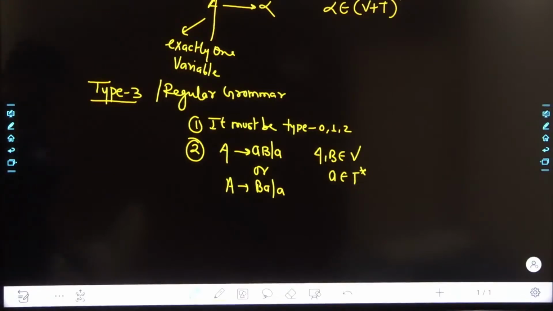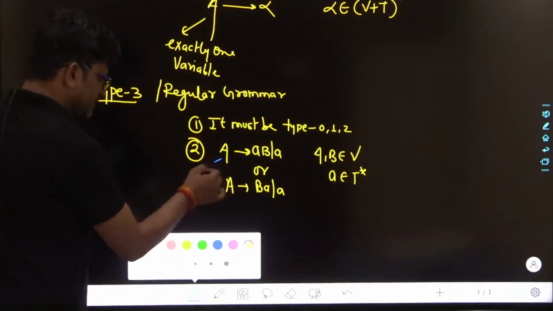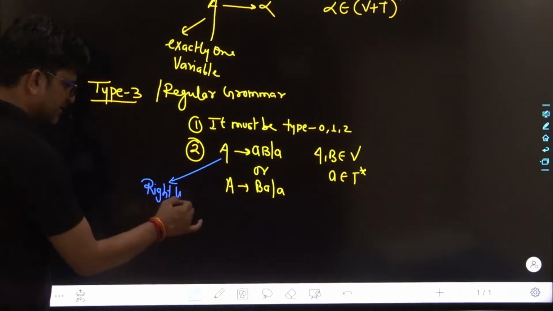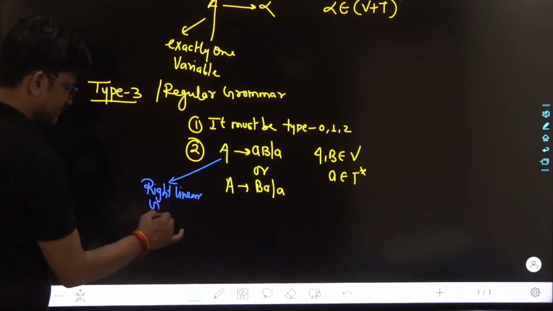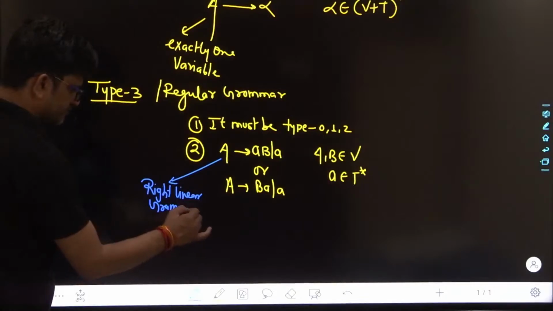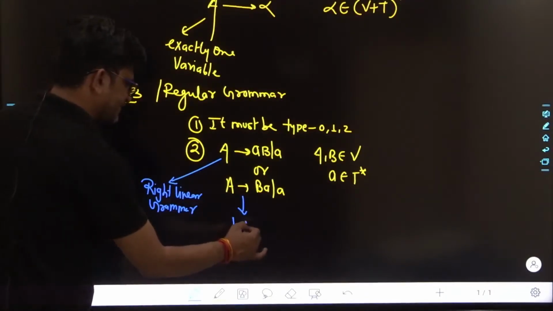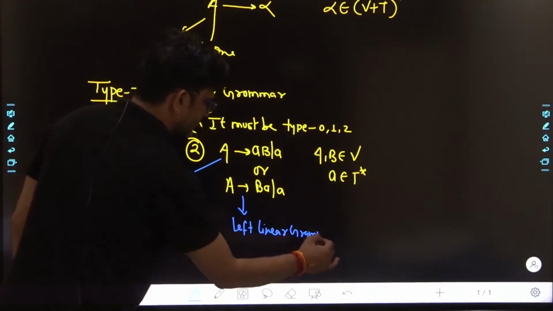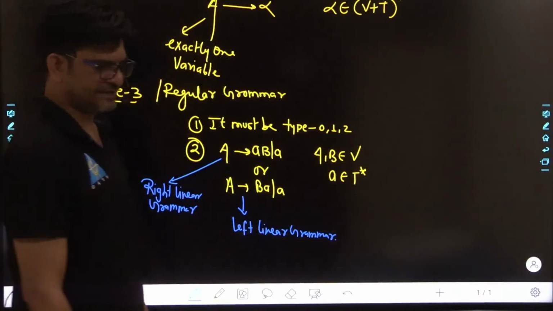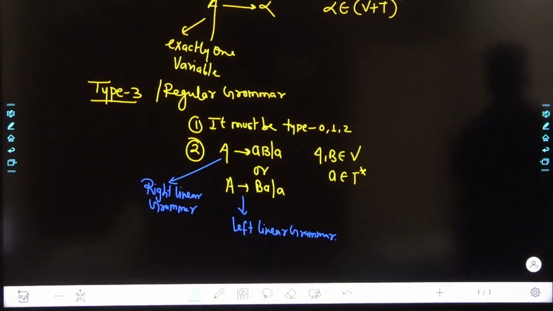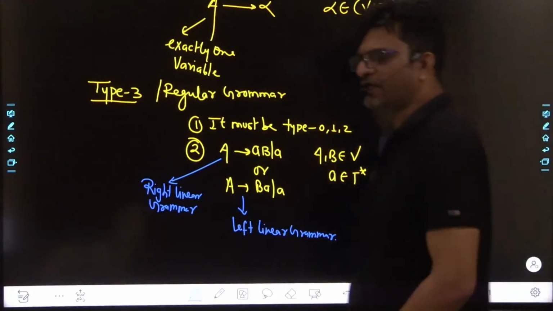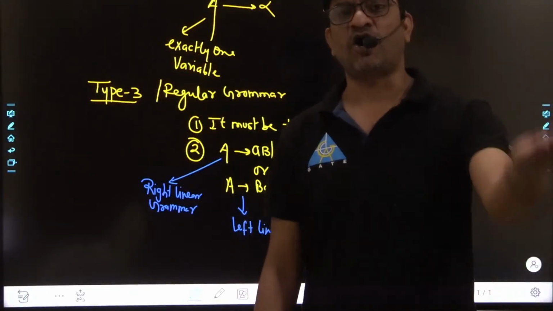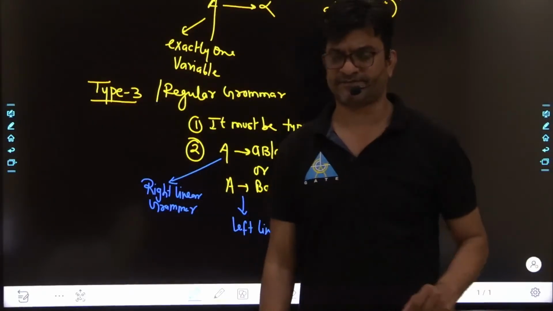So my dear friends, please listen carefully. This is known as right linear grammar, and this one is known as left linear grammar. So for regular grammar we have linear grammar. All regular grammars are linear, but all linear grammars are not regular.